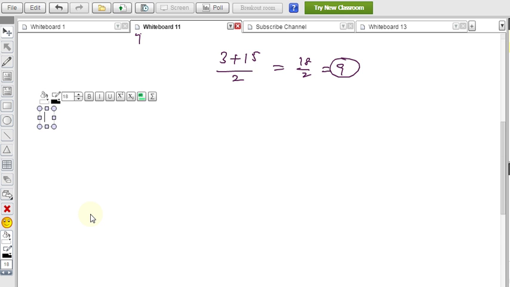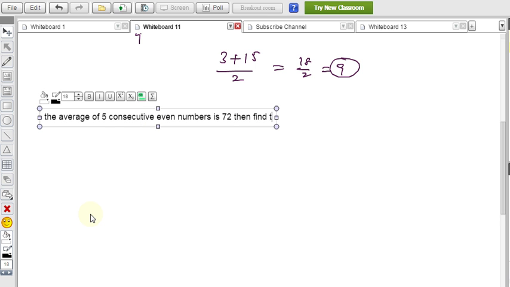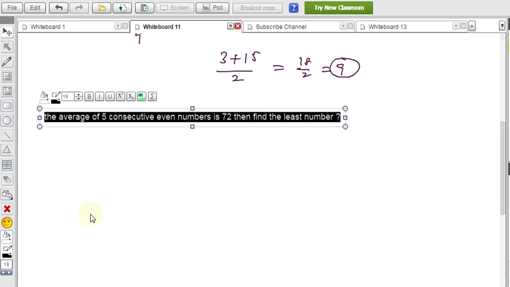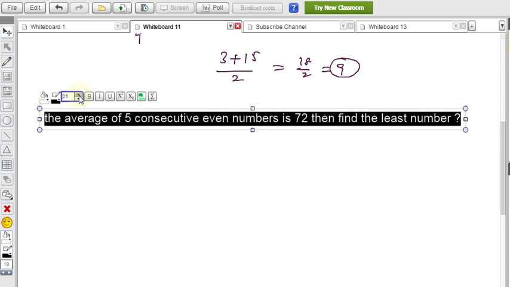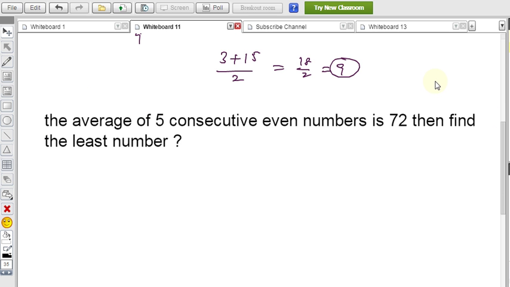The average of 5 consecutive even numbers is 72. Then find the least number.